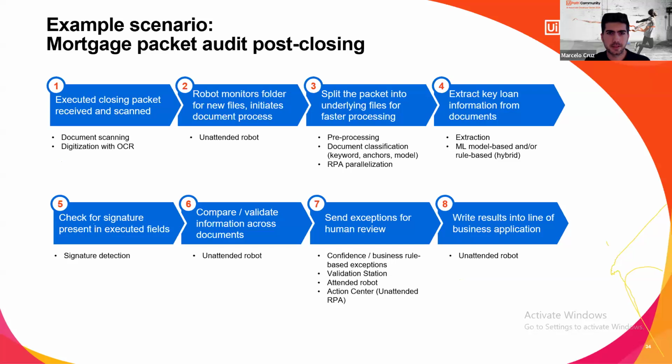And now, here is just a simple scenario with its steps: mortgage packet audit post closing. Here we are just brainstorming how we could automate the document processing for this use case. Initially we receive a documents packet that might be scanned and probably stored on some shared drive.